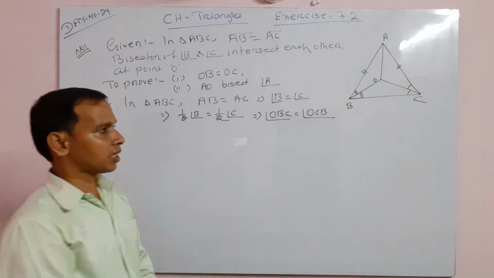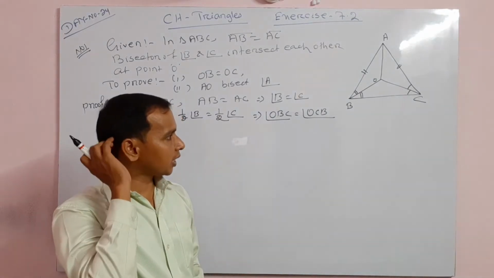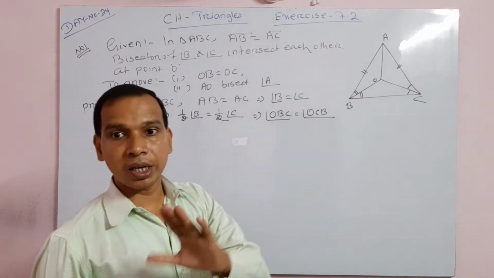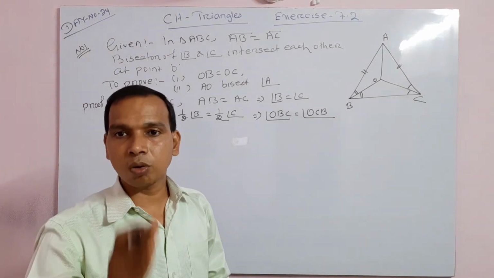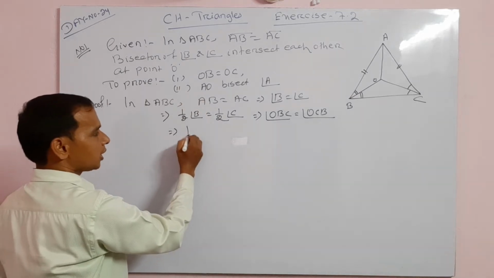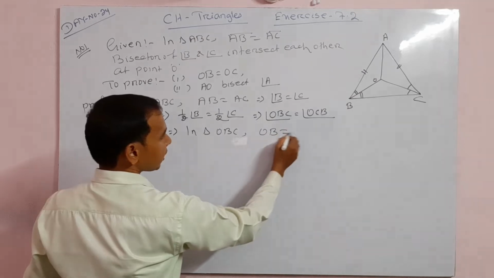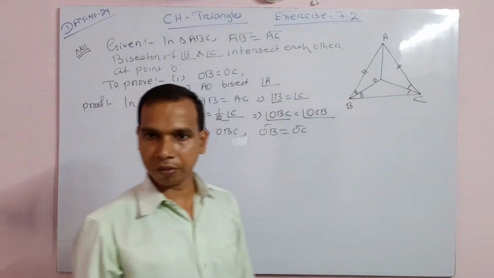OBC angle is equal with OCB angle. And in triangle, the reverse theorem says you know that if angles are equal, then the opposite sides are equal. So that's why in triangle OBC, OB is equal with OC. OB equal to OC. Confirm this.